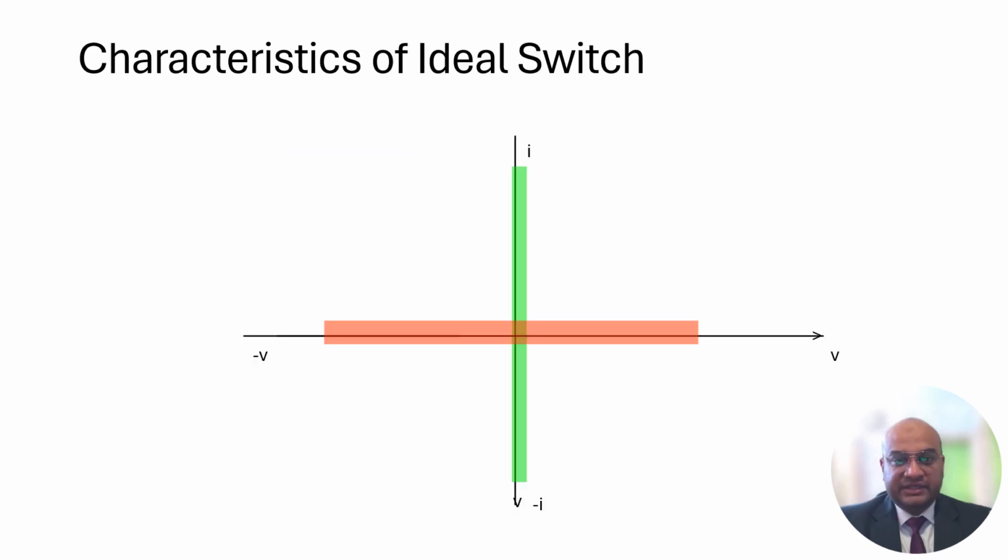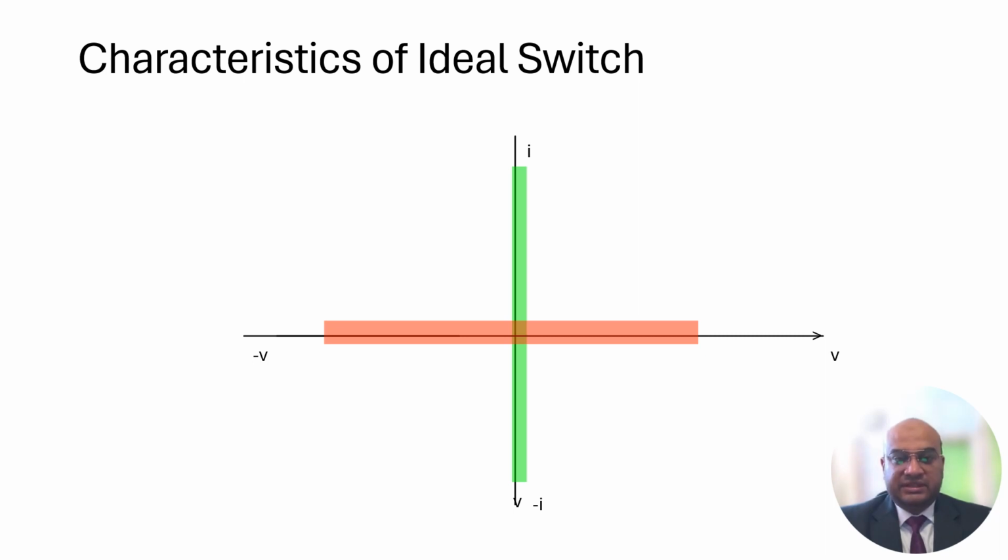Next, looking at the characteristic of the ideal switch, on the x-axis we can observe a voltage line. Ideally it should block infinite positive voltage and infinite negative voltage, and it should allow an infinite amount of current in the positive and negative directions during the on state and off state.